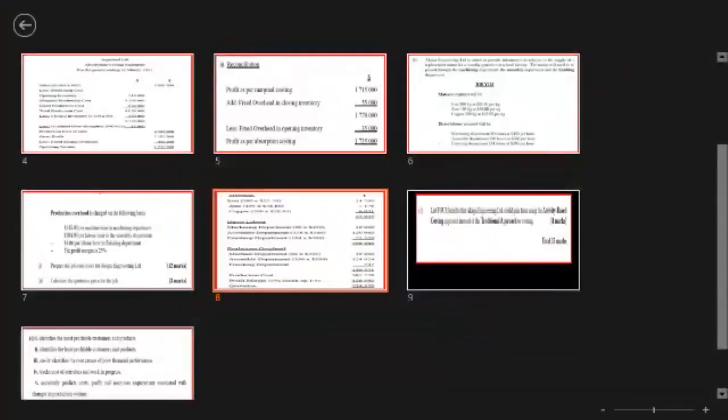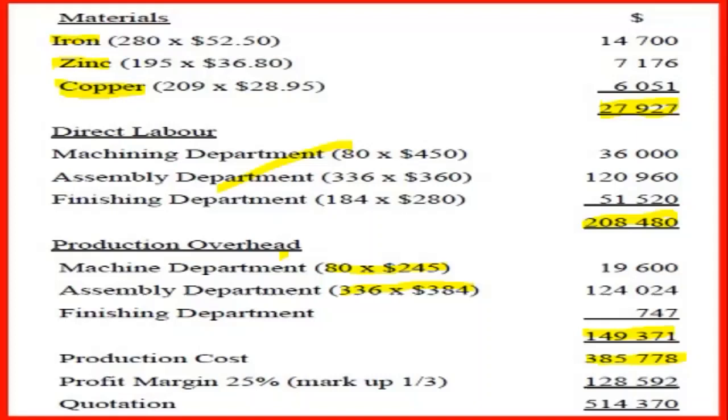Now we are told this is one of those questions where I believe they trick the students. The profit margin is supposed to be 25%. The 25% really is on this figure here.